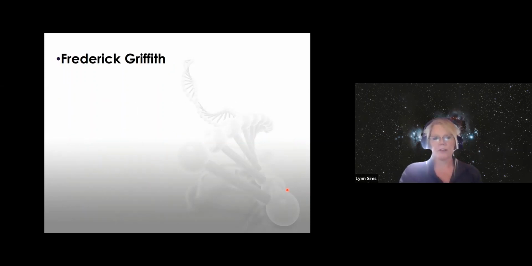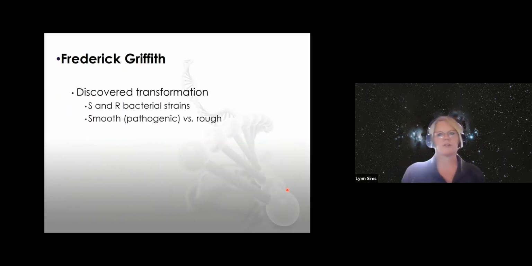Now, Frederick Griffith and his group discovered that bacterial cells can be transformed from something that is not pathogenic to something that is pathogenic. Griffith and his group suspected that it was the DNA doing it, but they weren't sure. Again, it could be the DNA, it could be the protein.